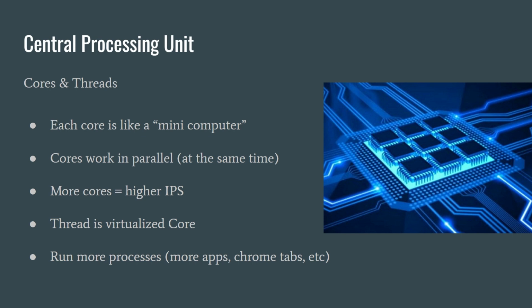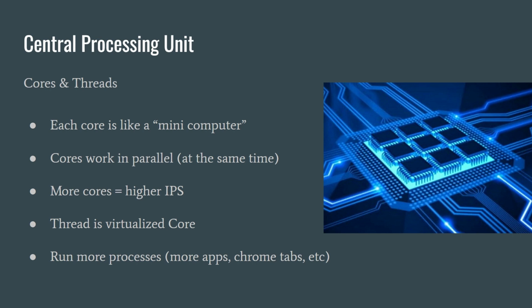So having more cores typically leads to a higher total IPS because if you have say 4 cores and each of them has an IPS of say 10, then you can have a total of 40 IPS, because you just multiply the IPS by the cores. But that's not really the whole picture because any single application, like say a game, typically only runs on 1 or 2 threads.